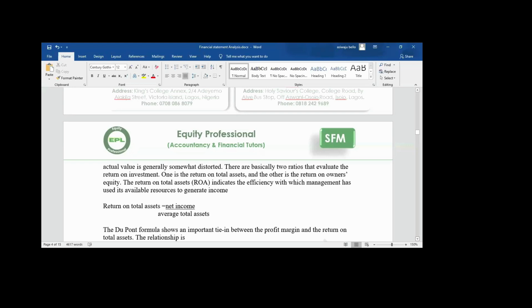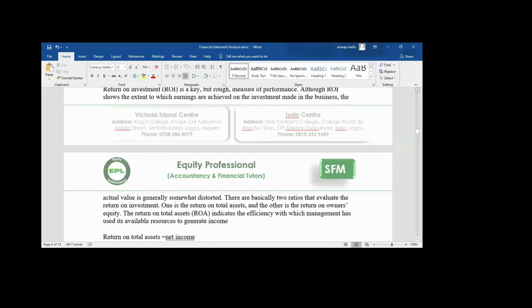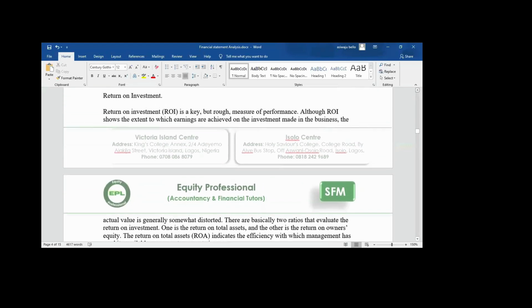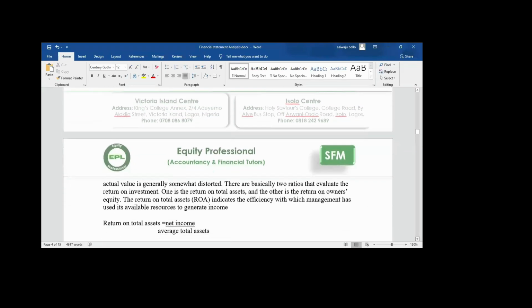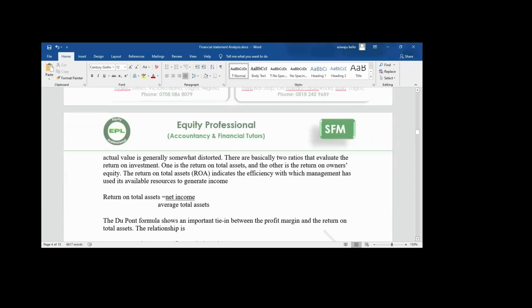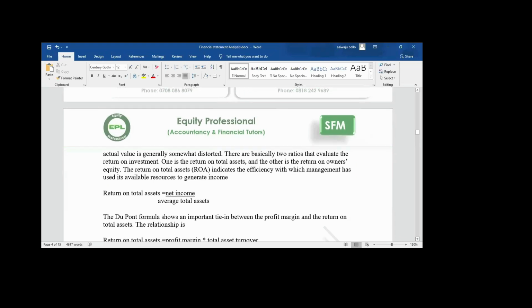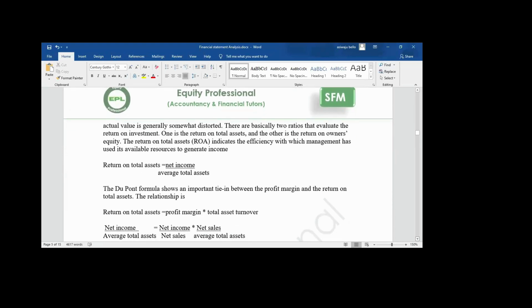We have return on total assets. You can compute return on total assets, which is your profit after tax divided by total assets. I'll come back to DuPont later.